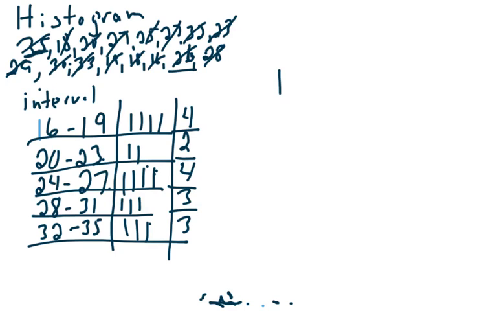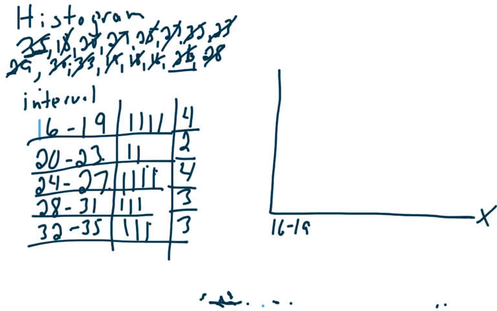Like I told you, it looks like a bar graph. The only difference is that always on the x-axis at the bottom are your intervals. So I'm going to write the intervals, 16 to 19, and that goes here. One other difference with histograms is that your bars are touching.